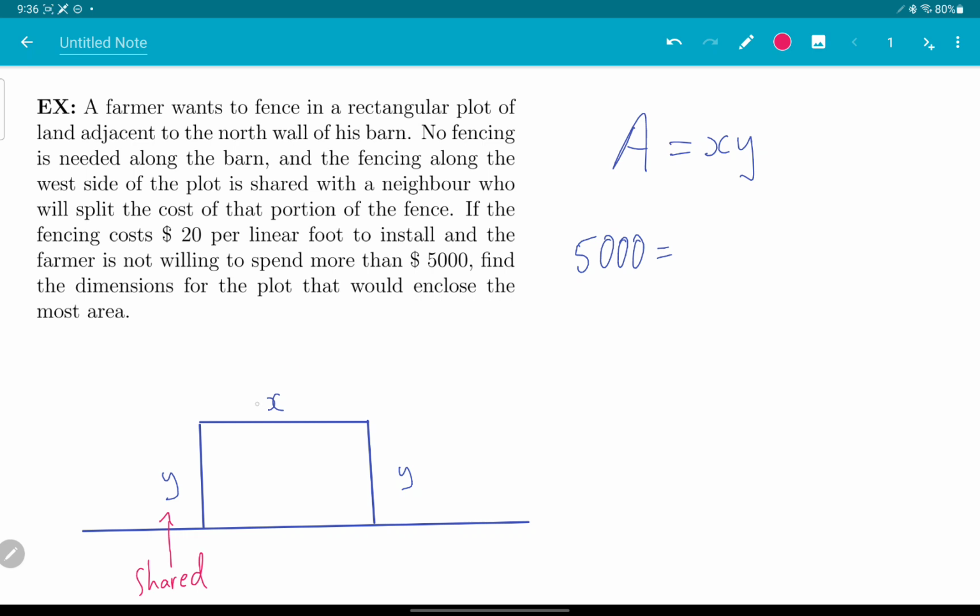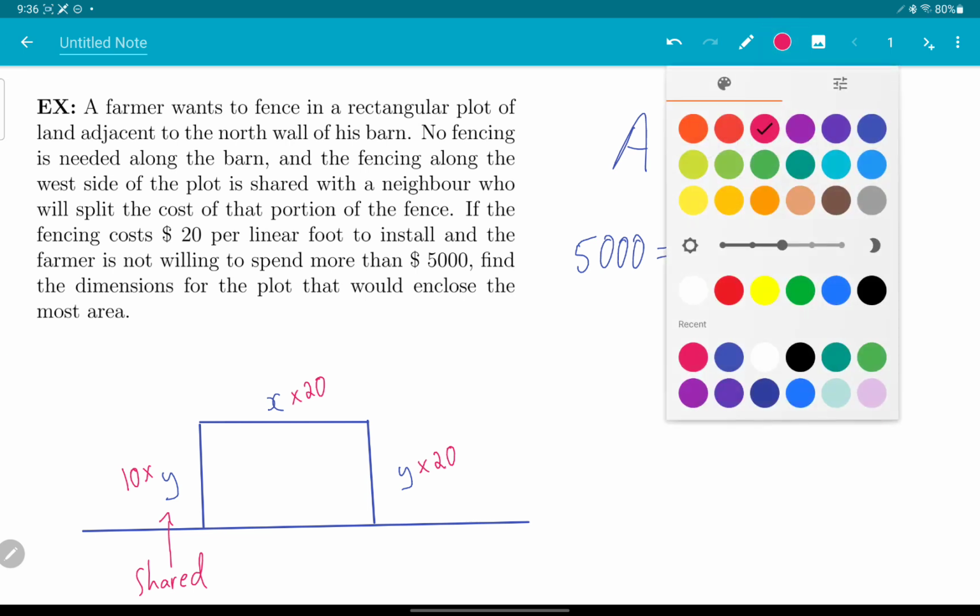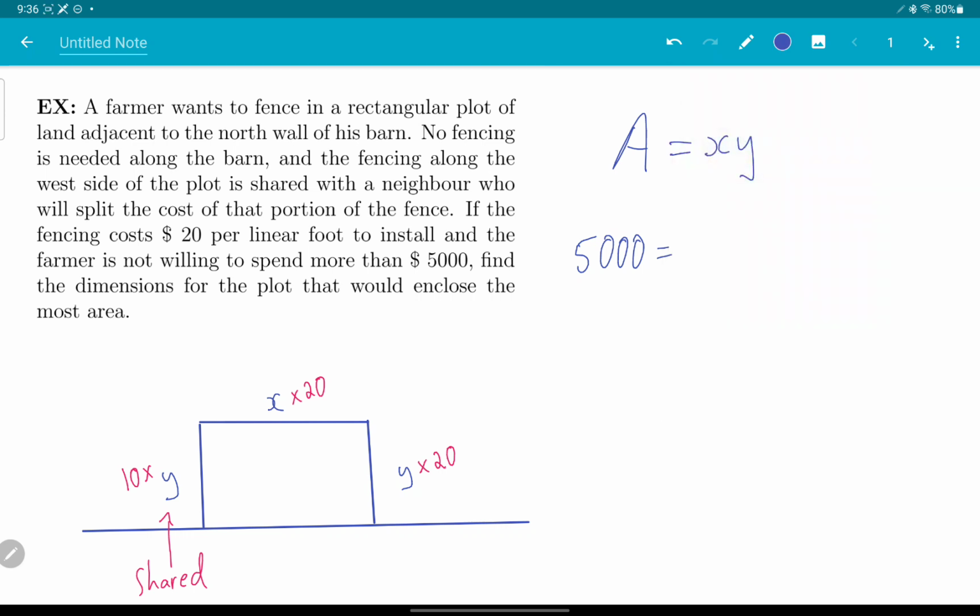So this side length will be multiplied by 20, and this side length will also be multiplied by 20 over here. But my shared side is only multiplied by 10, since me and my buddy are getting together and sharing the cost.